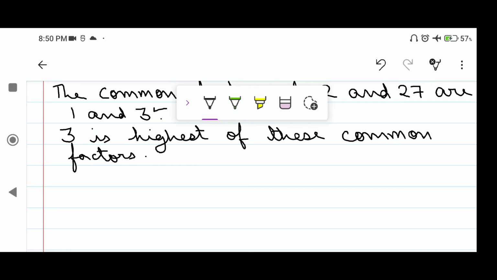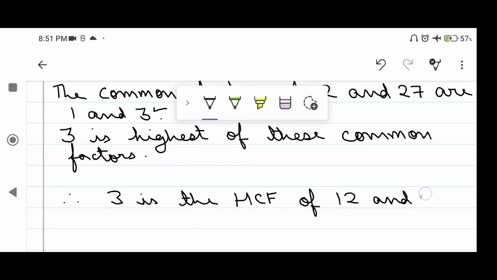So this 3, which is highest of the common factors, this is the HCF of 12 and 27. Therefore 3 is the HCF of 12 and 27.